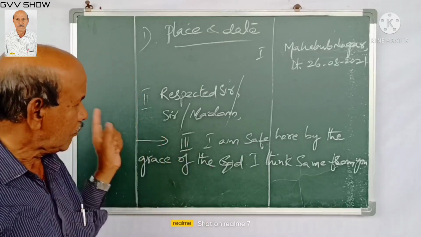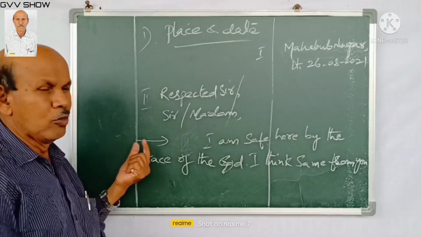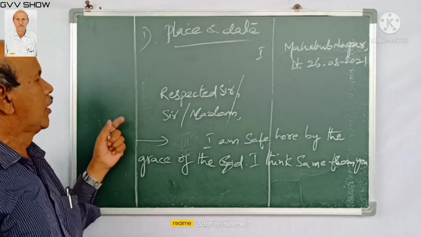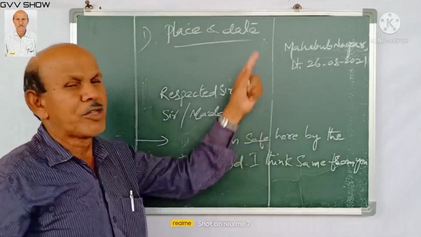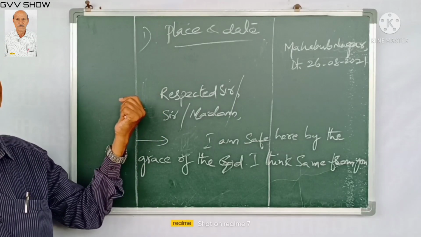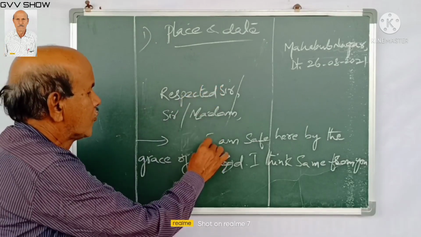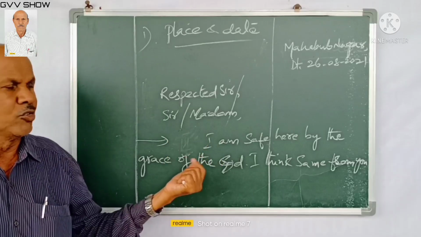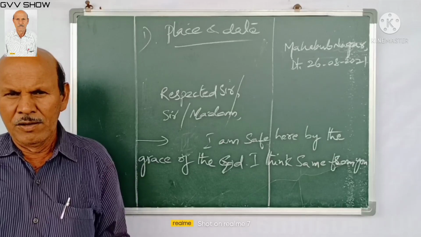First one is at the top right, second one, consolation, is from the margin, and the body of the letter, the third part, you start leaving some space from the margin. I am safe here by the grace of God. I hope the same from your side.